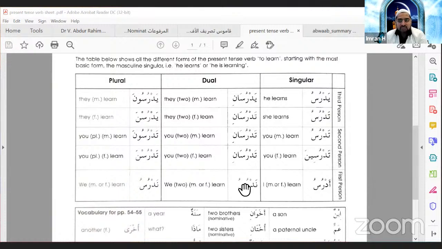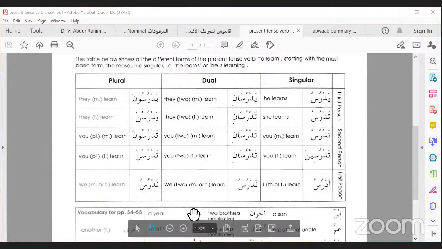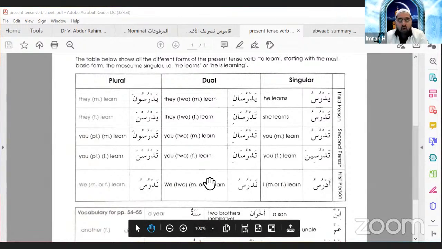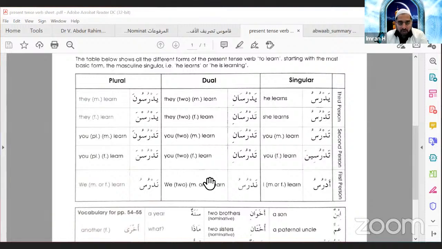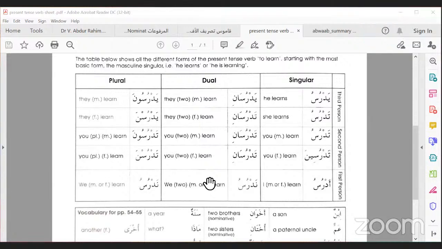Right. Sister Zahra, how do you say I am learning? أدرس. We are learning, ندرس. You one male is learning, تدرس. You one female is learning, تدرسين. You all males are learning, تدرسون. You all females are learning, تدرسن.